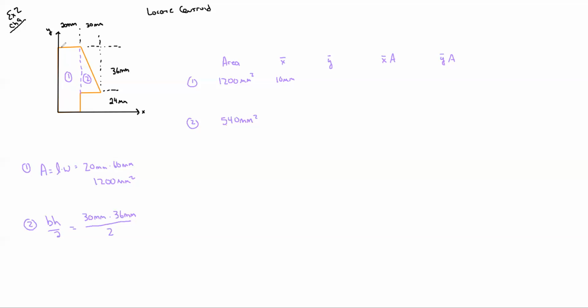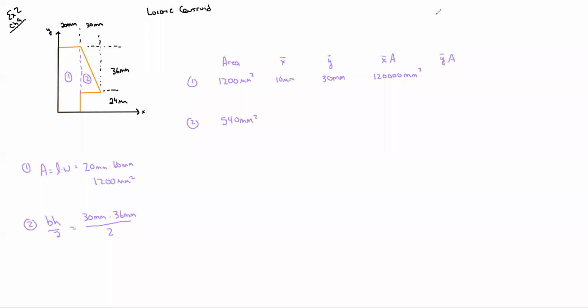Height of this is 60 millimeters. 60 divided by 2 is 30 millimeters. X bar times area, 10 millimeters times 1200 is 120,000 cubic millimeters. And then 30 millimeters times 1200 millimeters is, I think I have this wrong.